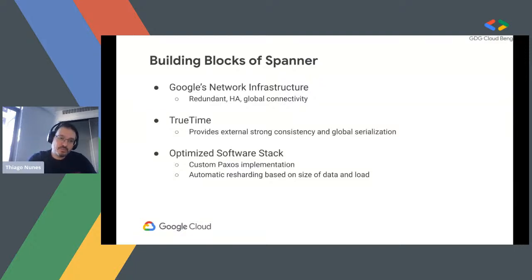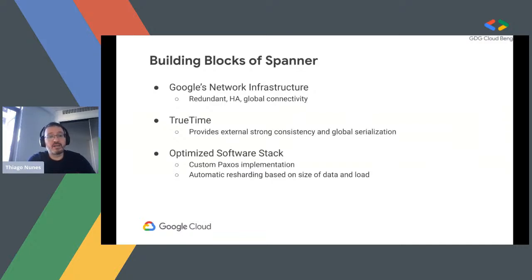And that's made possible by some of the building blocks that you see here. So the first one is Google's network infrastructure. The infrastructure is redundant, highly available, and provides global connectivity. So with that, network partitions are very rare, right?